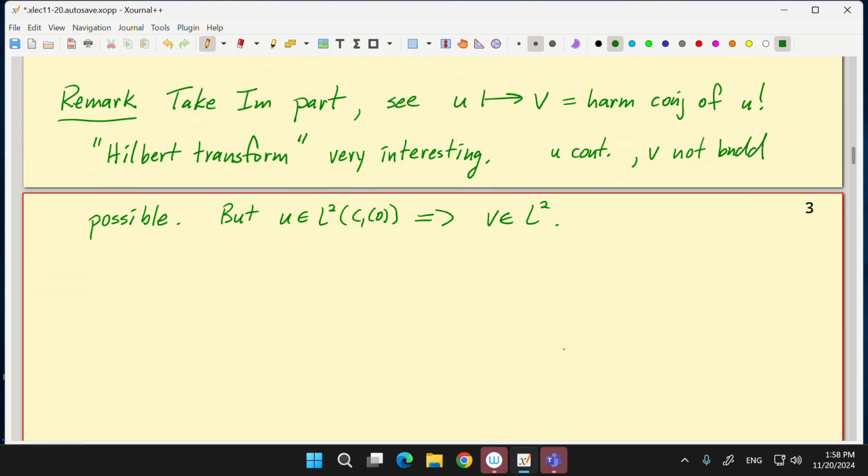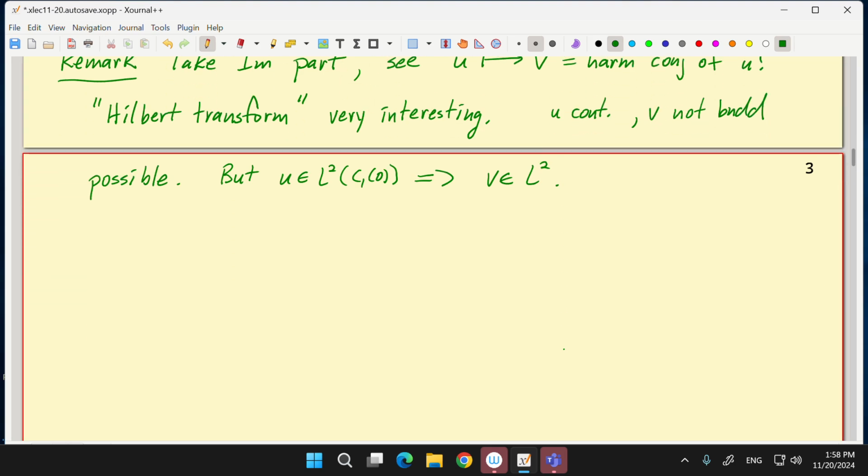The main topic I was going to start with was the weak averaging property. And here's what it is.